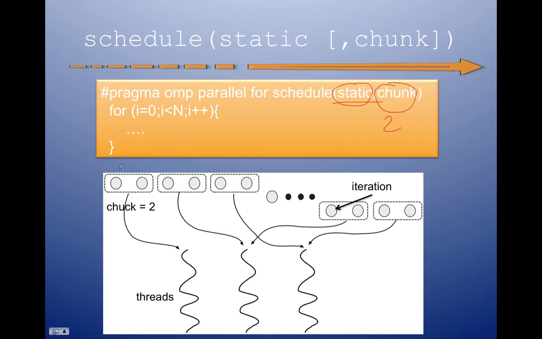In that case, what is going to happen is that this chunk of 2 iterations will go to the first thread, the next to the second thread, the next to the third thread, etc. And there is no change in the allocation. It's always like that. So there is no change. It's a static allocation of the iterations over the threads.